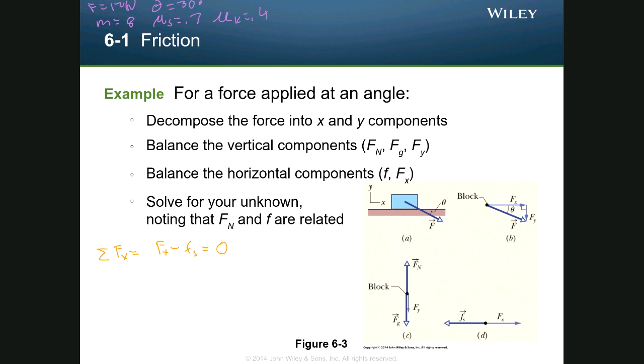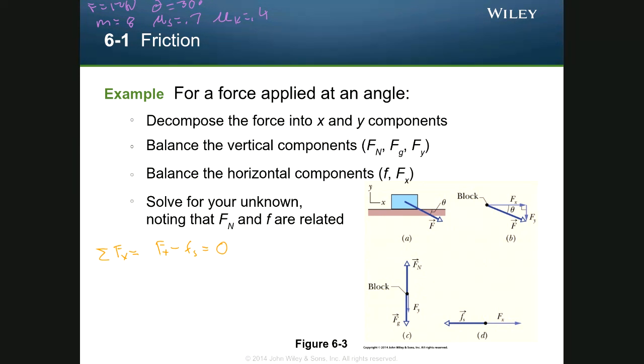So that could help us, because it tells us that Fs will be equal to the applied force in the X direction. But you'll notice the first question is, so that will help us with part B. But we don't know if we've reached the maximum value yet, right? So the X direction will actually help us.